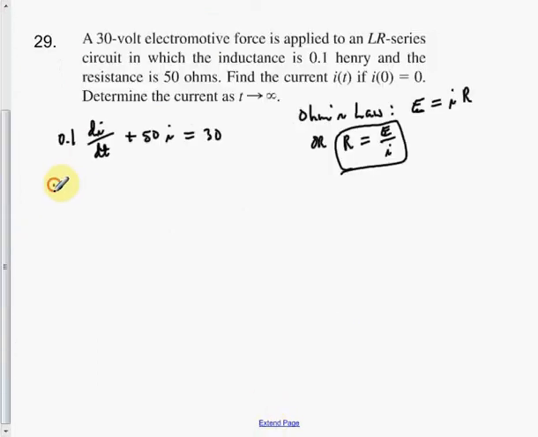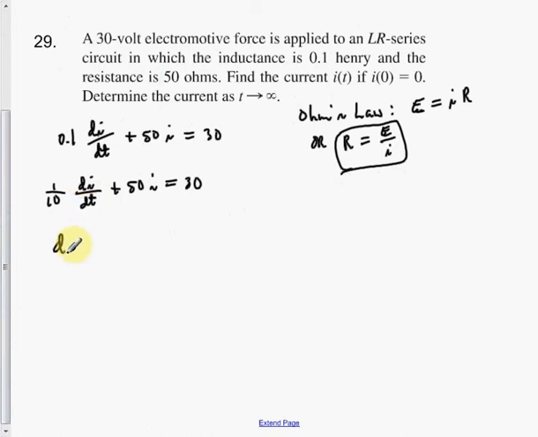So this is 1 over 10 times di over dt plus 50I is equal to 30. Multiply everything by 10, because you remember for the linear equation, you want that derivative there for its coefficient to be 1. Right?